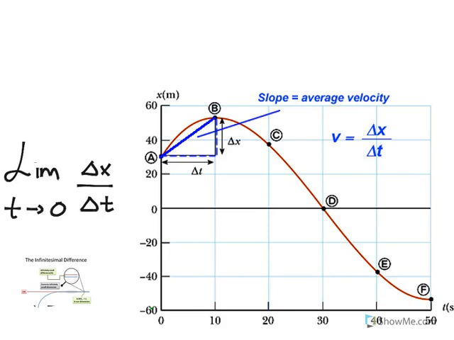So here's where we come into your mathematics, and you'll be borrowing a little piece from algebra or pre-calculus, and that is the idea of a limit. So what you do is you take what's known as the limit as t goes to 0 of delta x over delta t. So what does that mean?